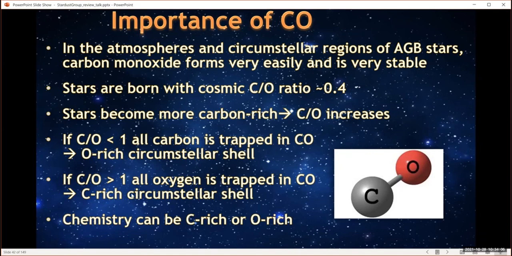And so the carbon is going to dominate the chemistry. And so for these stars, we have basically either carbon-rich or oxygen-rich chemistry. There are some cases that seem to have mixed chemistry, but it's very rare. And in general, they will be delineated as either carbon-rich or oxygen-rich. And we'll see oxygen-rich molecules and oxygen-rich dust around the O-rich stars, and carbon-rich molecules and carbon-rich dust around the carbon-rich stars.